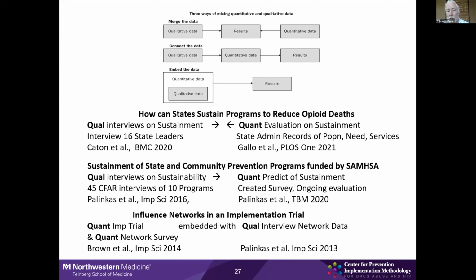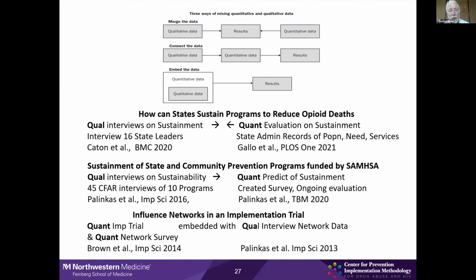And then there was an additional separate paper that looked at quantitative evaluations of sustainment by taking information from the applications that the 50 states had, and evaluating them in terms of their level of sustainment, and then looking at integrating administrative records on the population need and services that Carlos Gallo led.